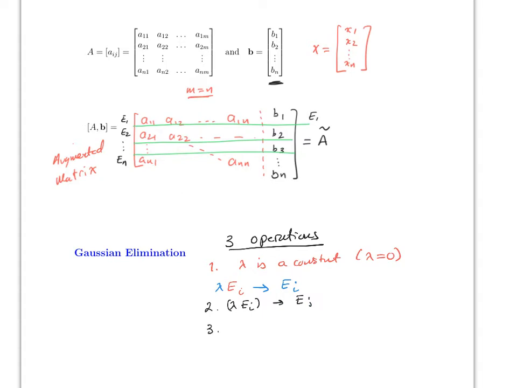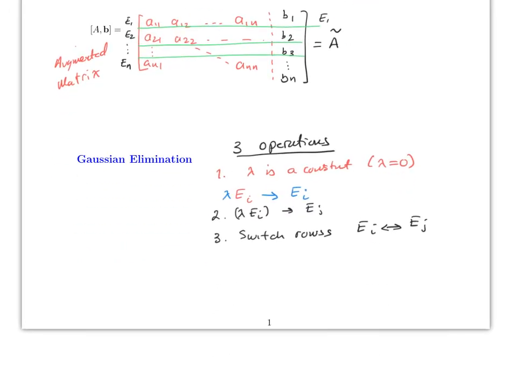The last operation is that you can switch rows, and the notation is usually this: Ei switches with Ej. These are the three main operations, which again you have done multiple times in basic algebra, not linear algebra, but basic algebra.